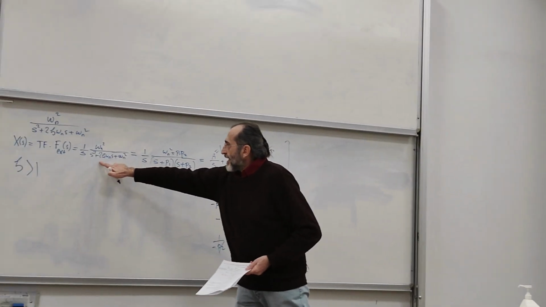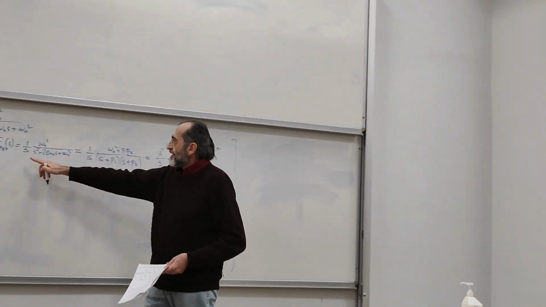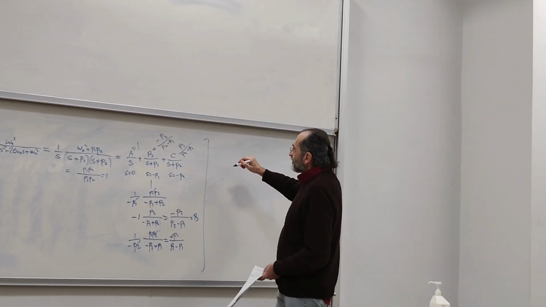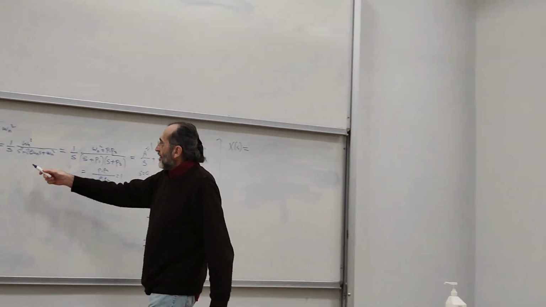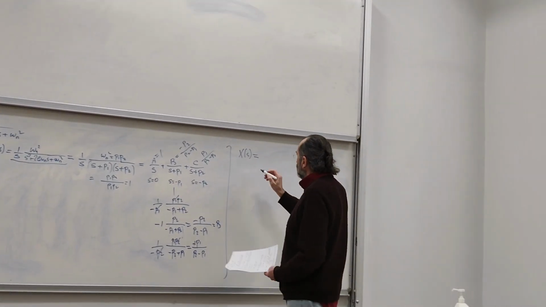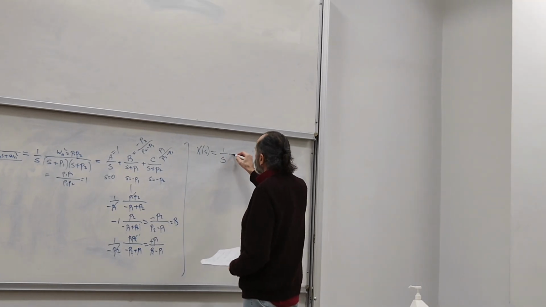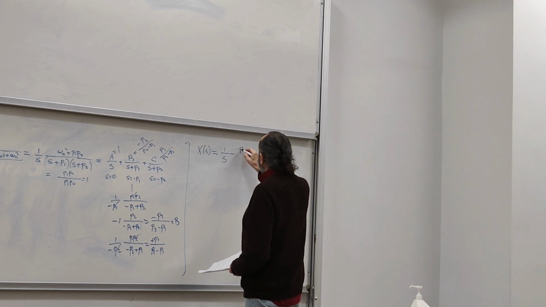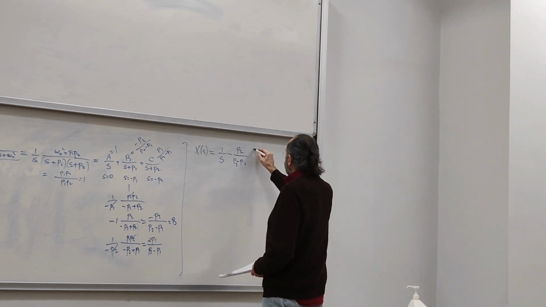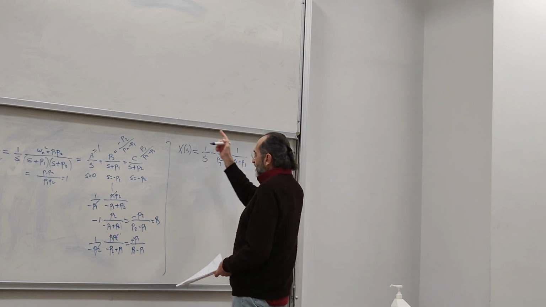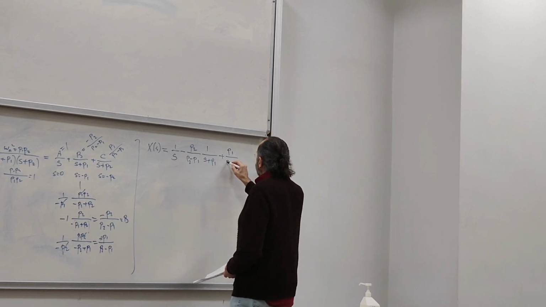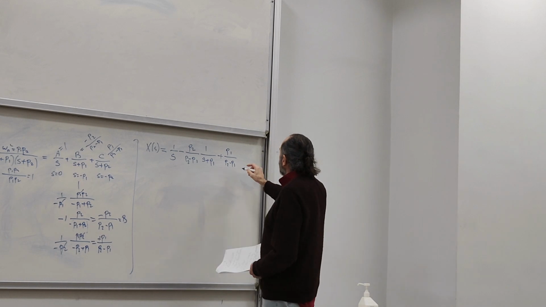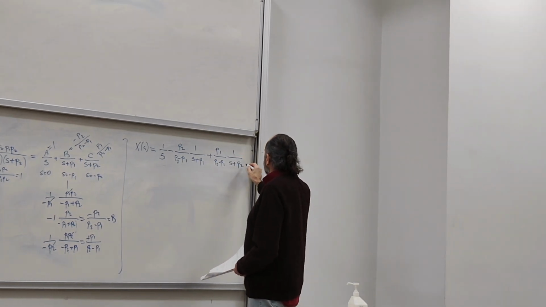So my transfer function times the input turns into x of s equals, now I'm going to write this in its equivalent form, 1 over s minus P2 divided by P2 minus P1 times 1 over s plus P1, and then plus P1 divided by P2 minus P1, 1 over s plus P2, hopefully.